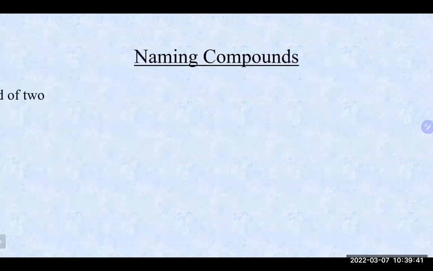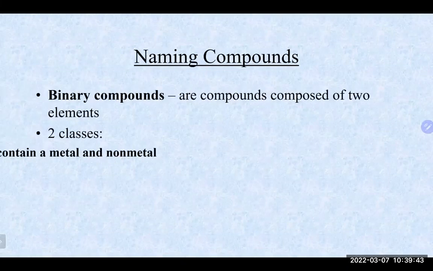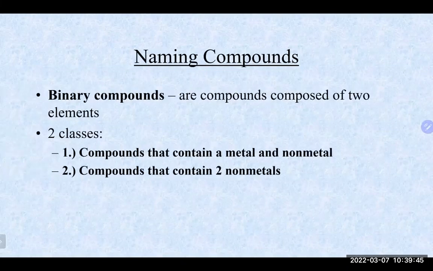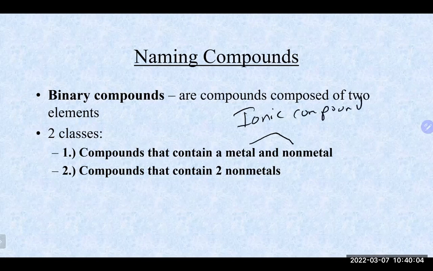So let's talk a little bit about going about naming these type of compounds. And first, we're going to talk about binary compounds. There's really two groups of binary compounds that we come across. First one is one that contains a metal and a non-metal. And as we talked about with bonding, whenever we have a metal and a non-metal, those are going to result in an ionic compound. That is where we're going to get those ions of positive charge and negative charge.